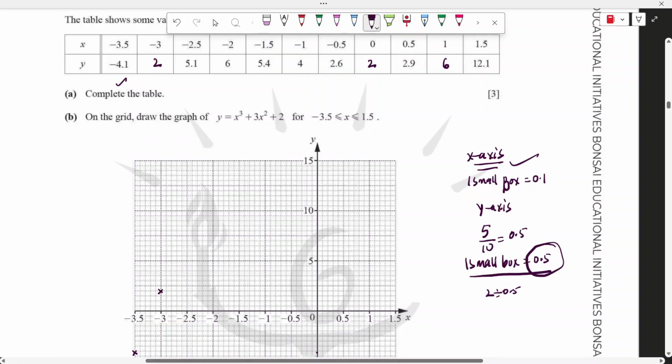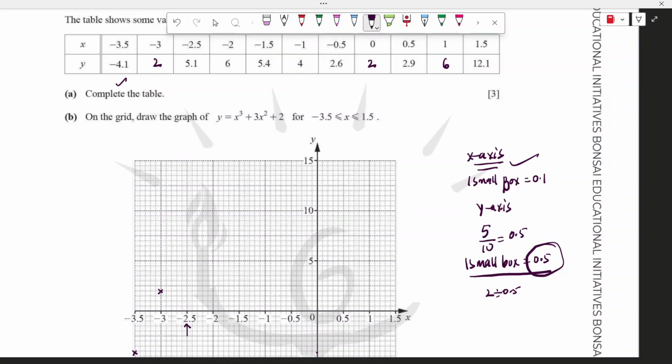Third is minus 2.5 and 5.1. Minus 2.5 is clearly visible here. The task is 5.1. So how do we plot 5.1? Because one small box is 0.5, 2 boxes is 1 unit, so approximately here. Okay. Then minus 2 comma 6. X is minus 2.